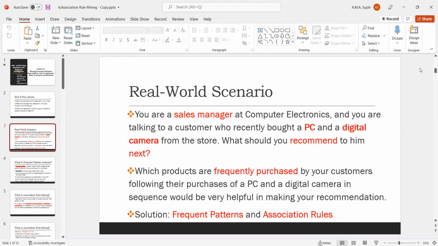They have a lot of computing devices: computers, laptops, printers, networking devices, software, everything is there in your shop. As a manager, someone is buying a PC or a digital camera. You need to recommend something for them. How can you recommend something?